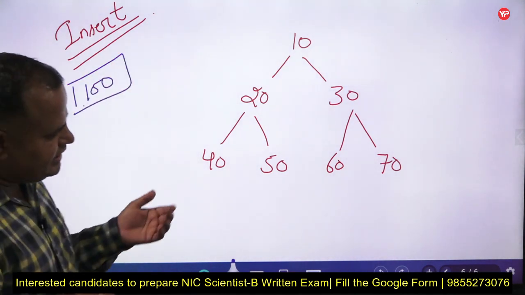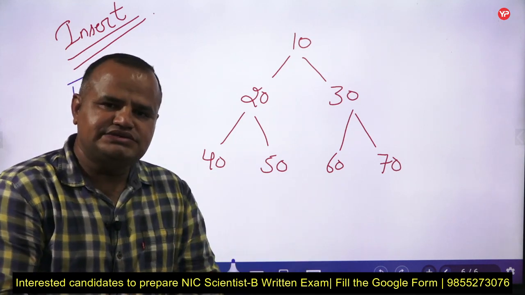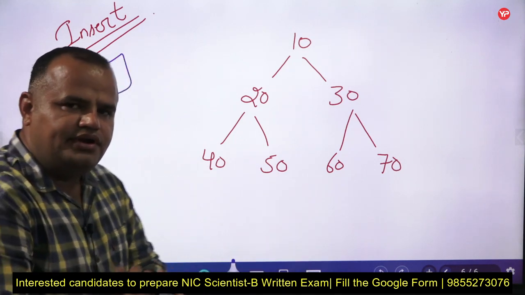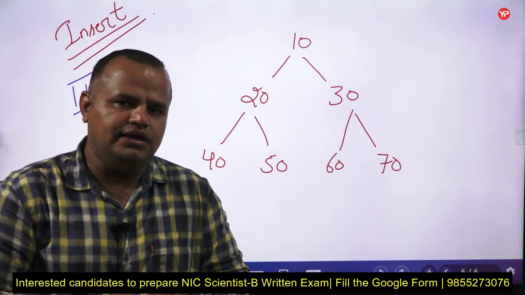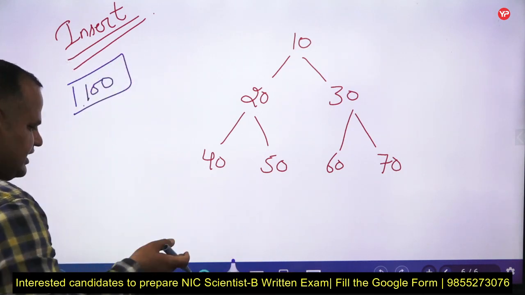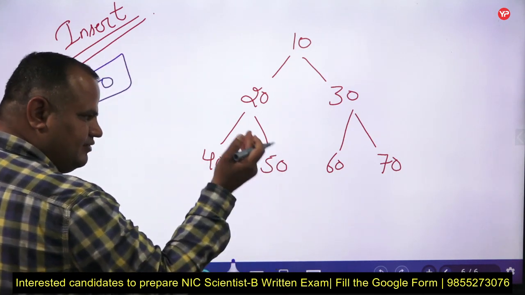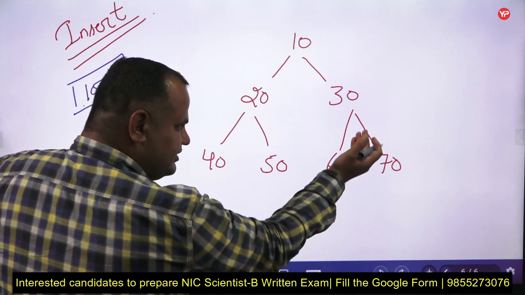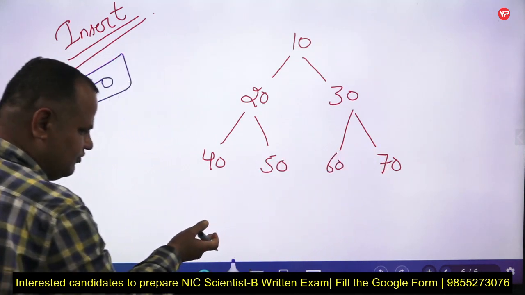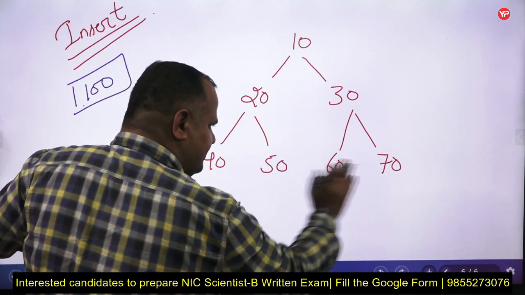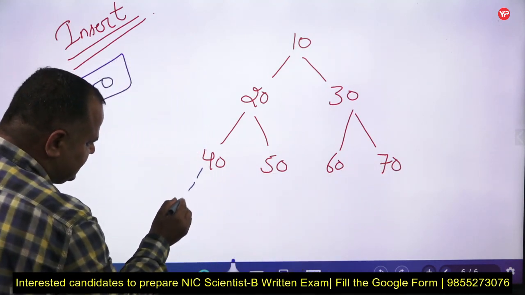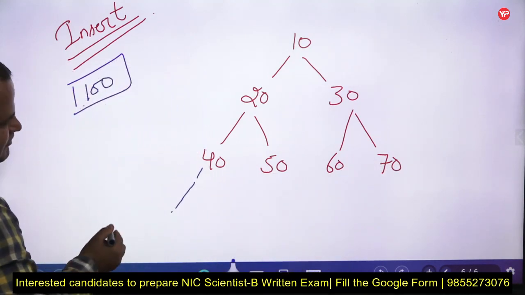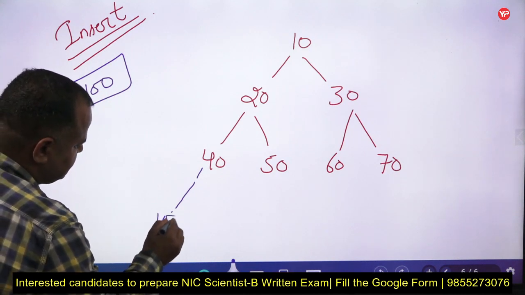Now tell me where I can start my procedure. In a heap, if there is an empty space in one level, we first fill that level, then only move to the next level. Because this level is completely filled, we will start with the next level, left child. Okay. So we will insert 100.